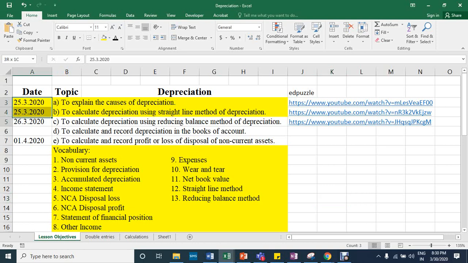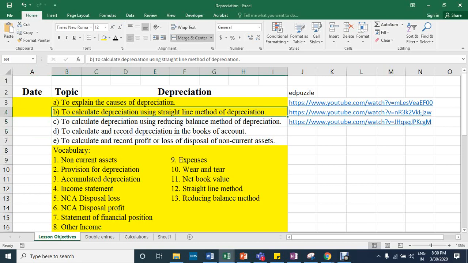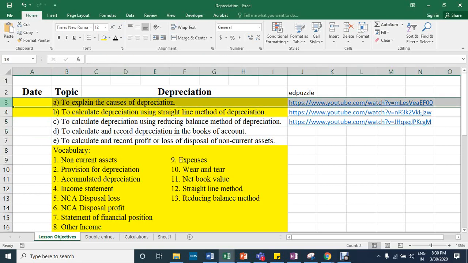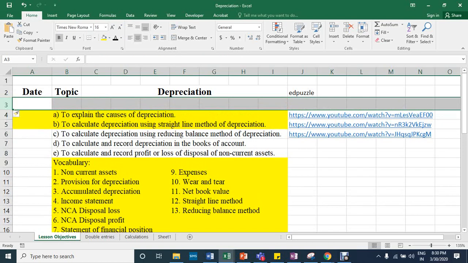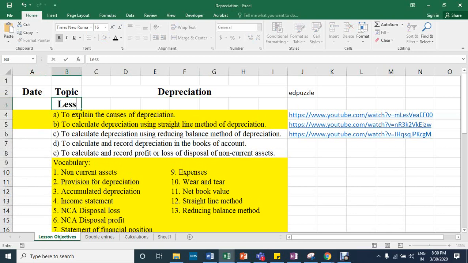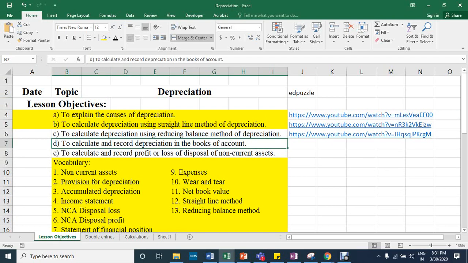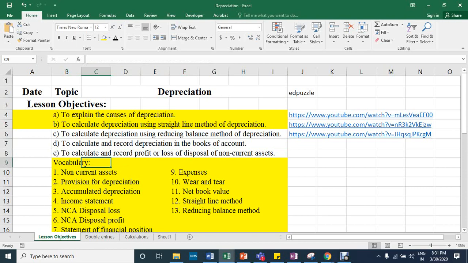Now, write the topic, lesson objectives. These are the lesson objectives. And we are starting with the lesson objectives and listing down the vocabulary.